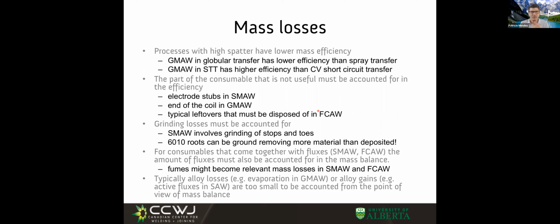That sounds incredibly wasteful to me, but flux core can pick up hydrogen. So the risk of leaving a wire overnight that can pick up moisture and then generate welds that have porosity and need repair, sometimes that cost is higher than just starting a new wire every day.